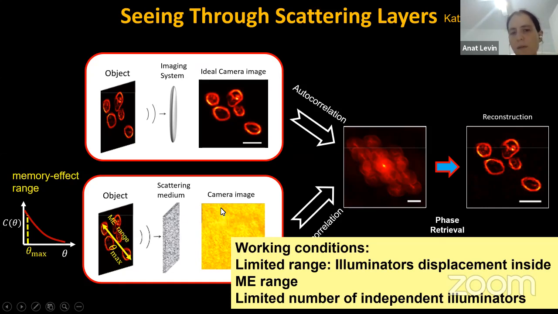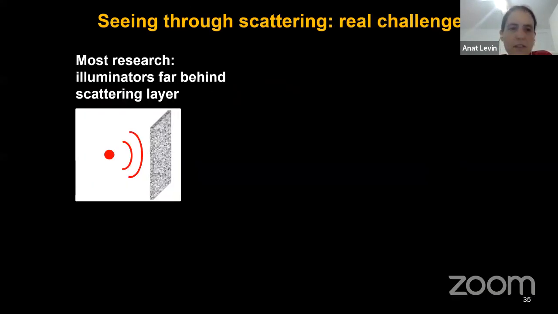Eventually, if you add many of them, what you'll see here is just a smooth image. So as I said, part of what we try to do in this work is to understand the limitations of these algorithms and also suggest some ways to overcome them.